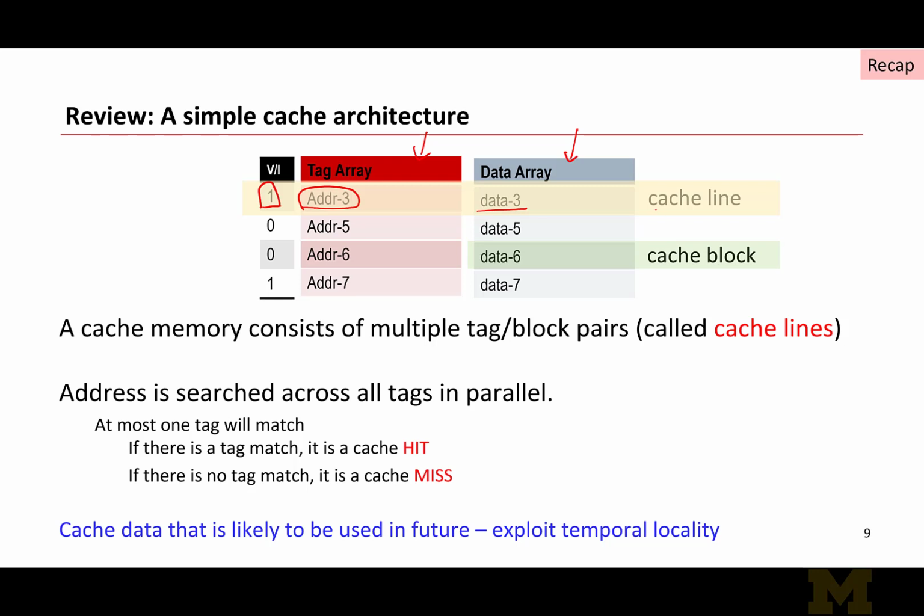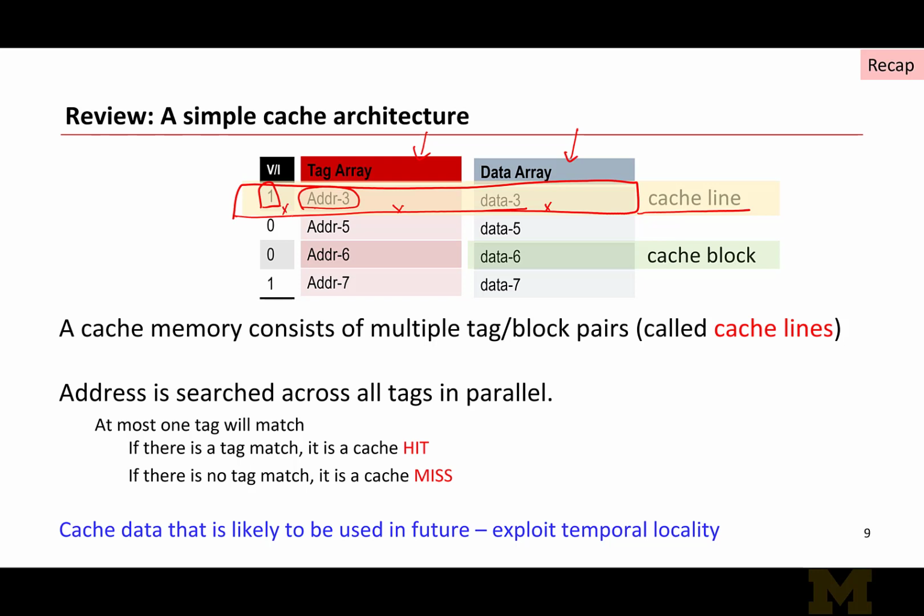I would like you to get familiar with this term cache line. What it really means is this whole row that you see here is what you would refer to as a cache line. So it consists of the data block, the tag that is stored for the data block, and any other metadata that is maintained for that data block to manage it.